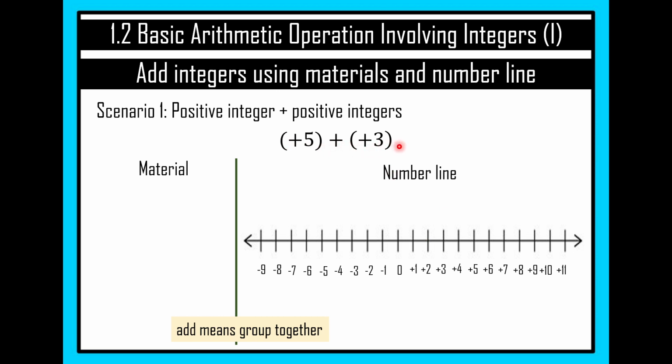Alright, positive 5 means that I need 5 green circles. And then positive 3 means I need 3 green circles.